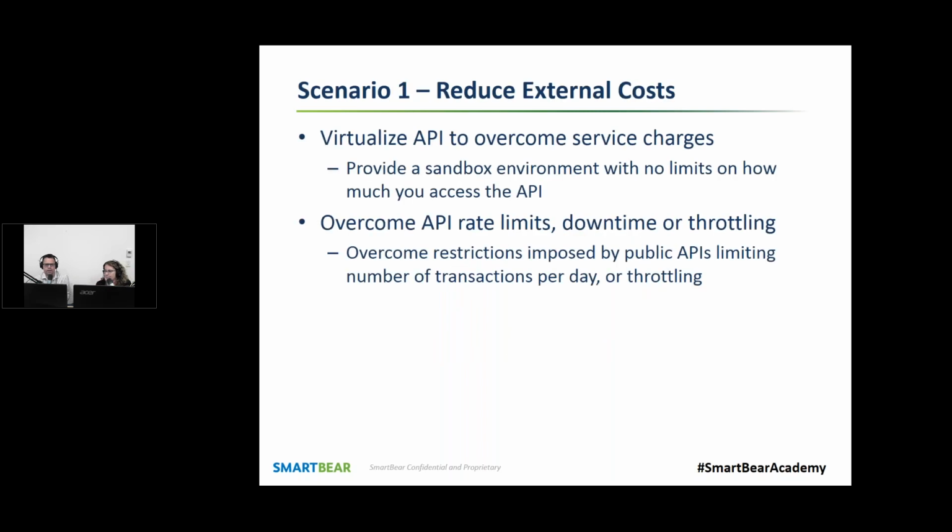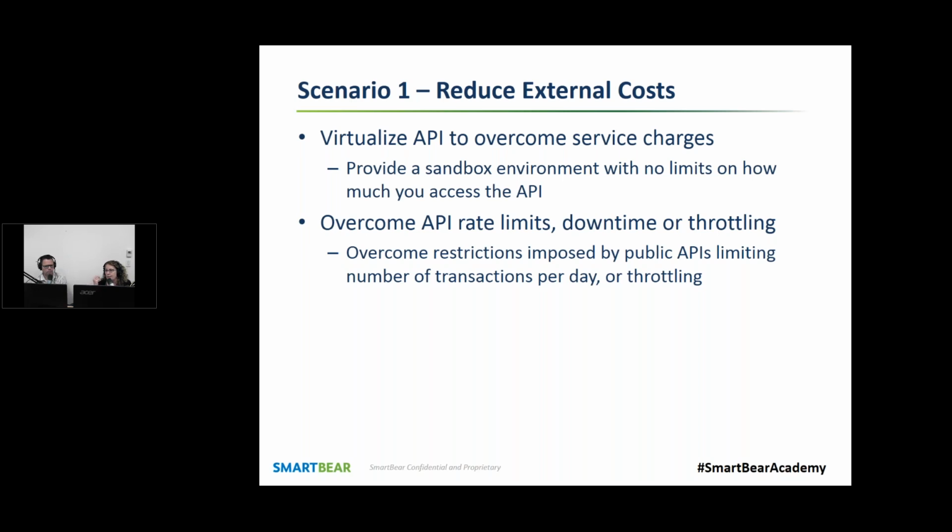Yep. So the first scenario that Mike's going to walk through is reducing external costs, and then Mike's going to show you it. Basically, we see a lot of our customers interacting with services that are out there, either on the internet or even sometimes there are costs associated with internal APIs.